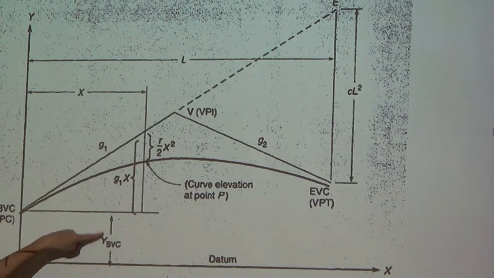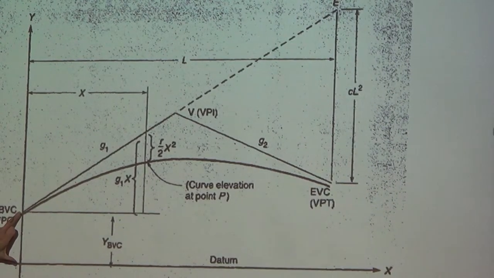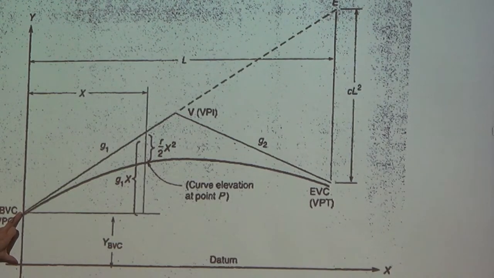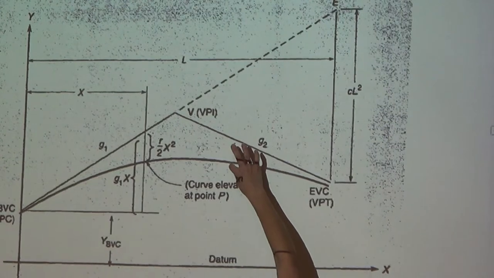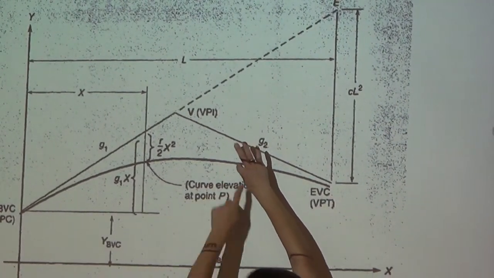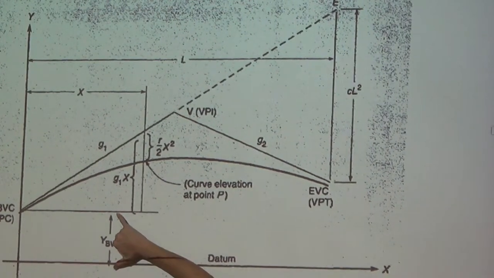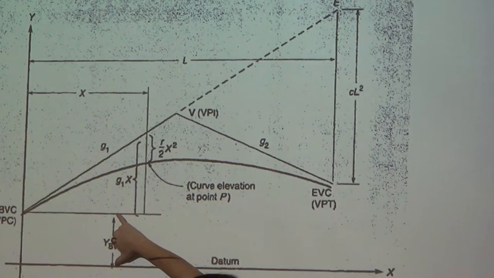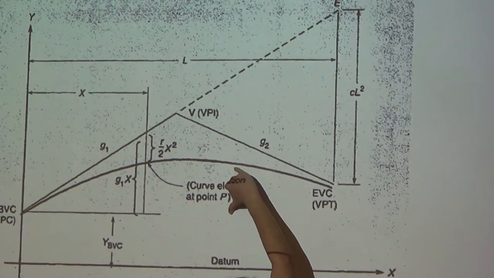It's the vertical distance from the datum to the beginning of vertical curve, so this is the elevation of the vertical curve. If I wanted to know the elevation of this point, it would be the distance from the datum to here, or I could say it's the elevation of the BVC plus this. Everybody got that?